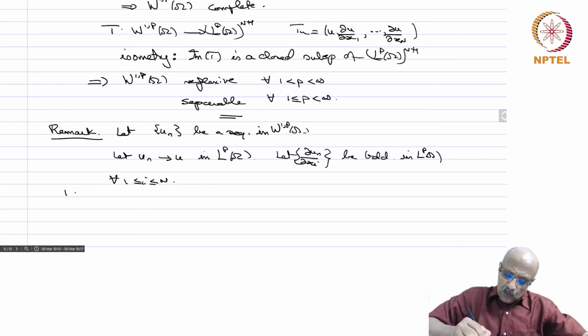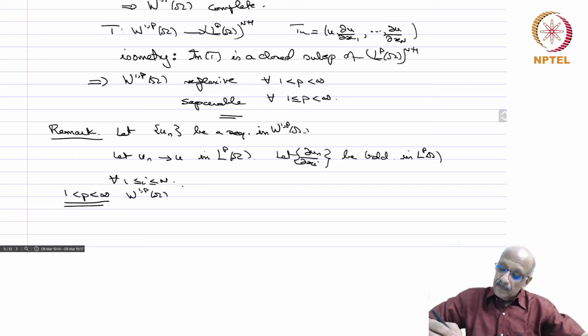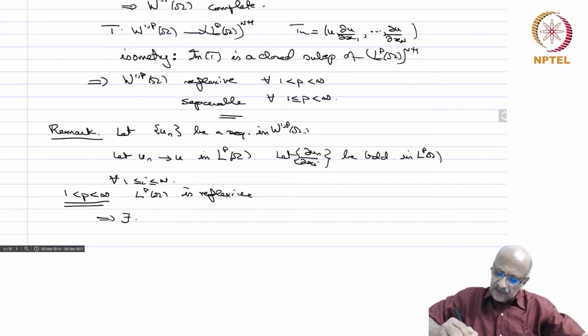So now if you take 1 less than p less than infinity, then Lp of omega is reflexive, which implies there exists a subsequence.